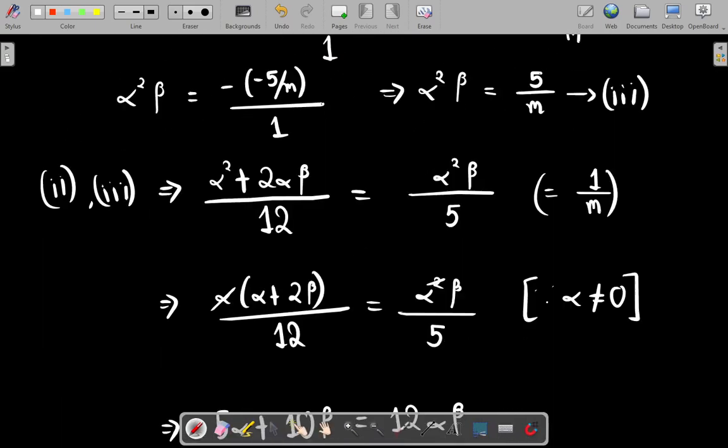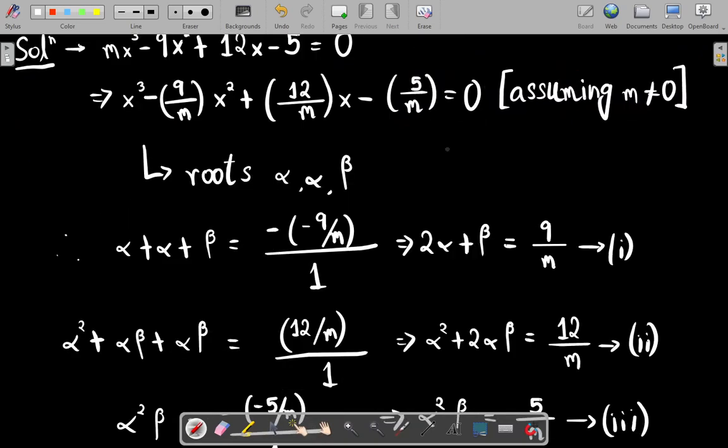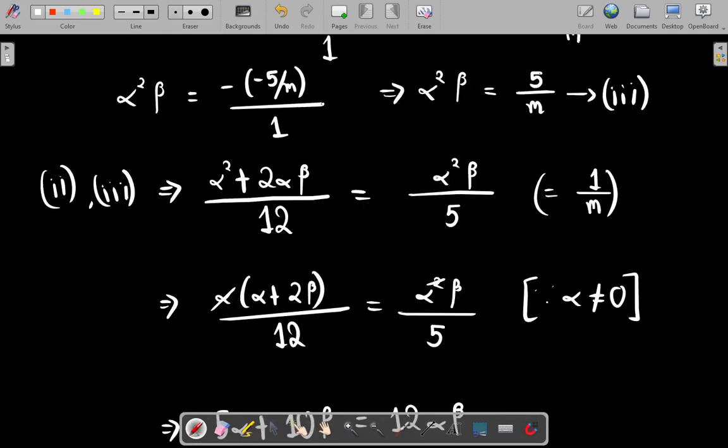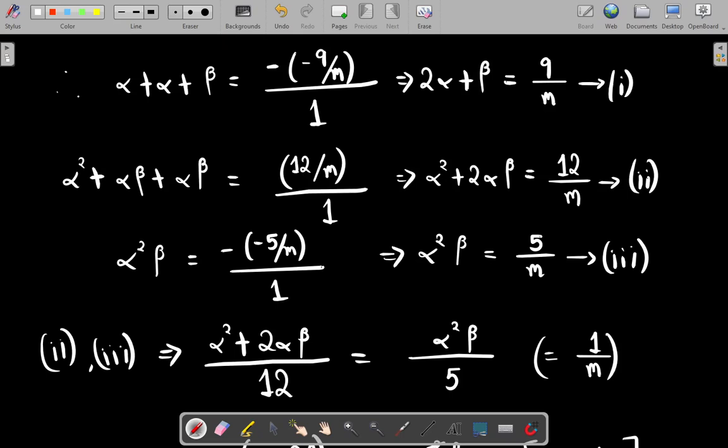Now let us find the value of m, because we have to find the value of s, and for s we need to find the values of m. Okay, so let us use this equation. Of these three equations I think this is the easiest to compute.